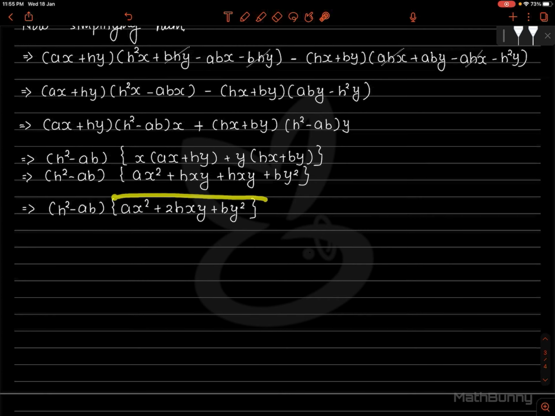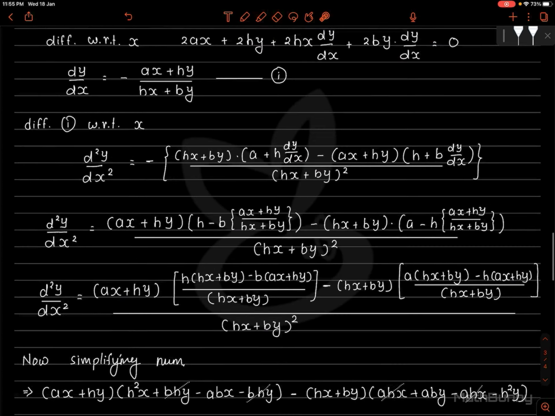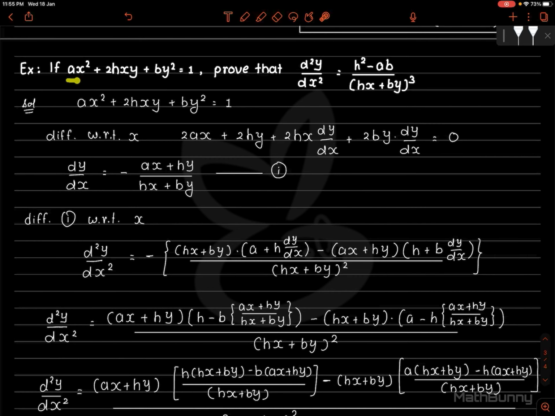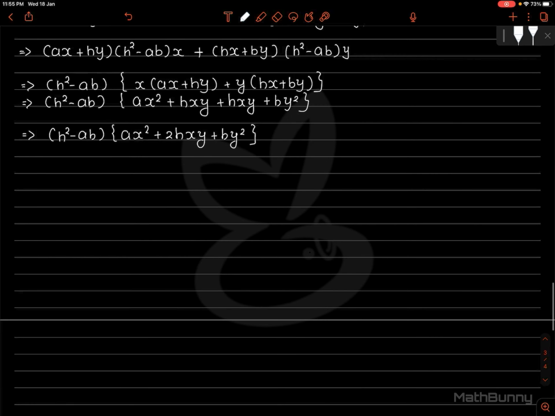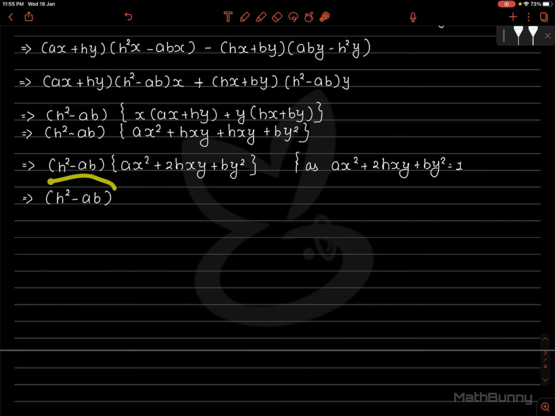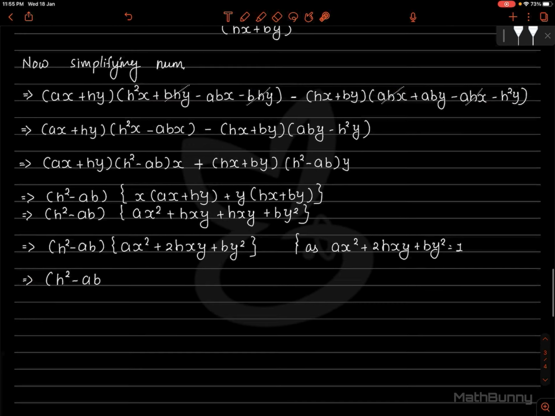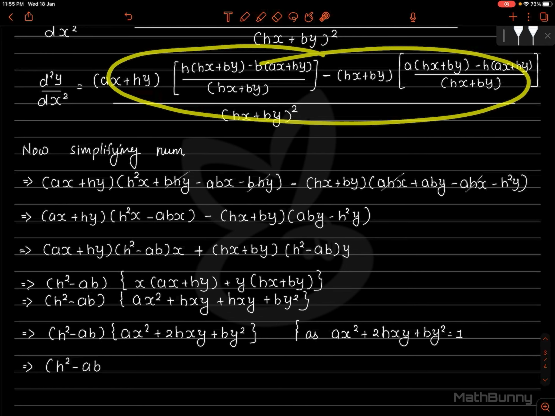We know this is the question. As we can see, the value of this is 1. So we can write ax square plus 2hxy plus by square is equal to 1. We will get the numerator equal to h square minus ab. This is the value of the numerator.